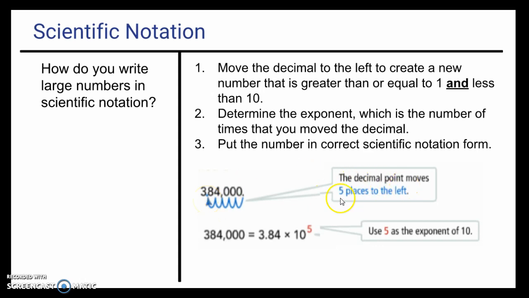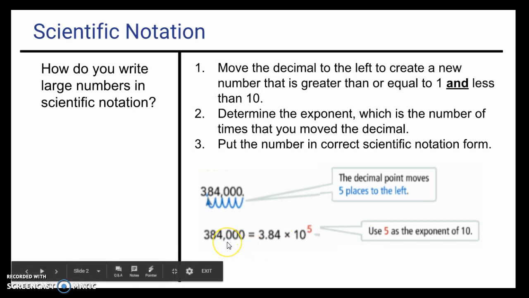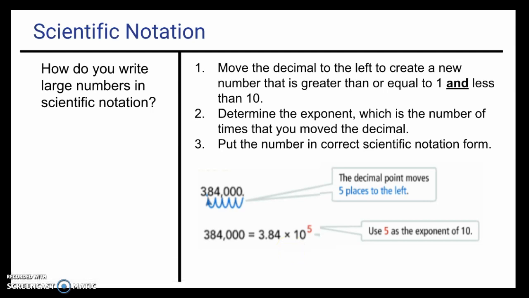So that means our exponent will be 5 to use as our exponent of 10. So 384,000 written in scientific notation is 3.84 times 10 to the 5th power. Remember, when you have a number greater than 1 whole, you will have a positive exponent.